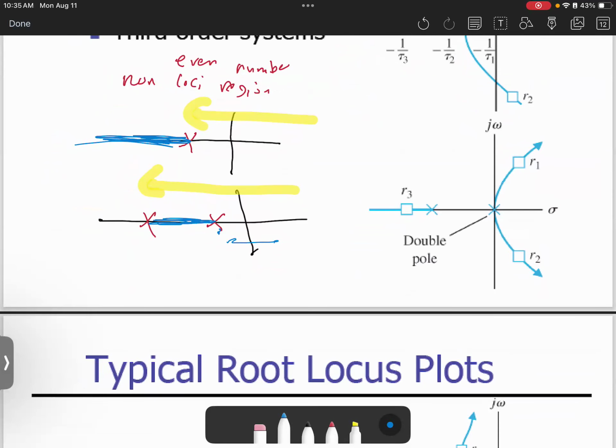The locus region will tell you where the poles are going to move. The poles will move toward the region. When we have a pole here and a pole here, they have the tendency to move toward this region until they collide, or until reaching the critical point. Then one goes here, the other one goes here.